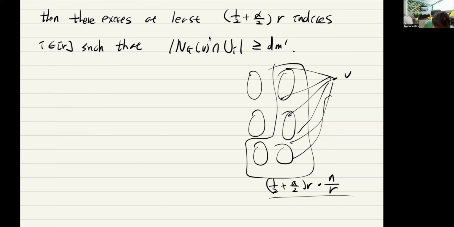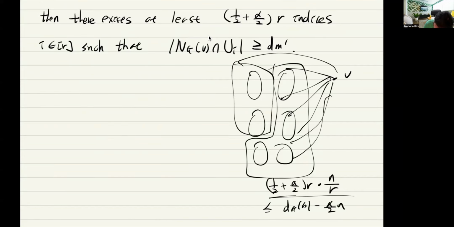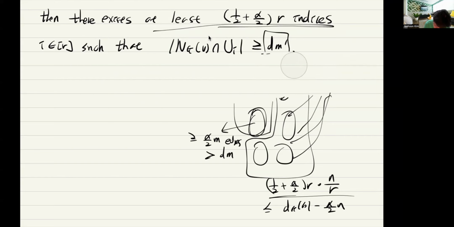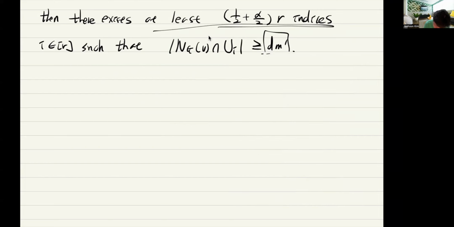But still, this is smaller than its degree minus alpha over 2 n. So these alpha over 2 n edges have to be distributed here. By the pigeonhole principle, at least one of them must get at least alpha over 2 m edges, but that's already bigger than d m. So we can show that there must be at least this many indices i satisfying this.